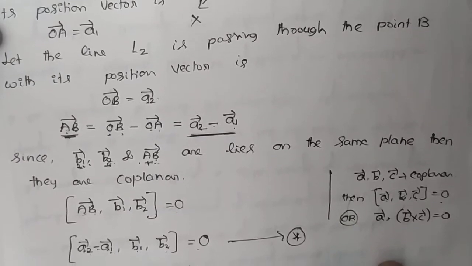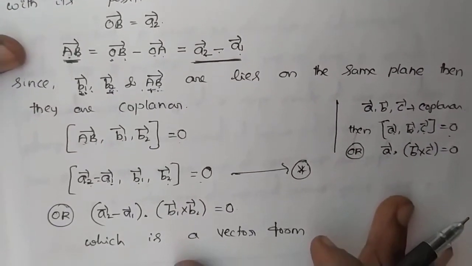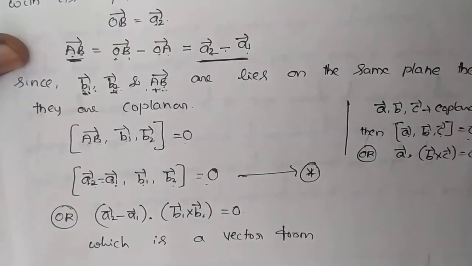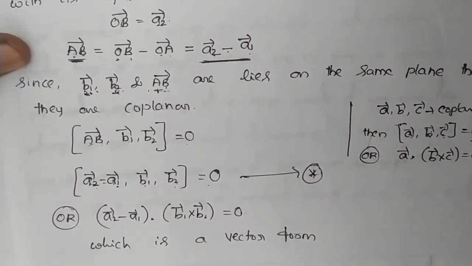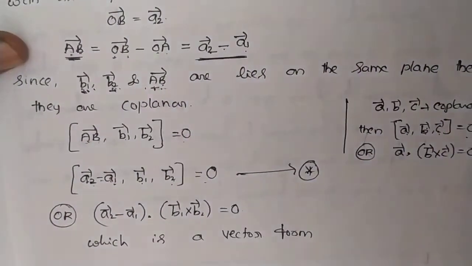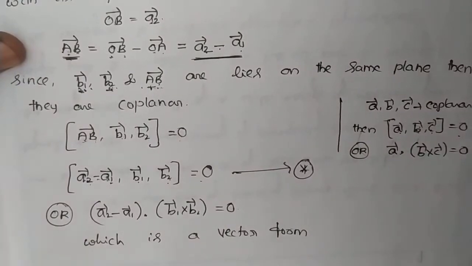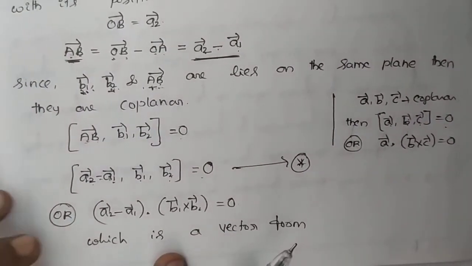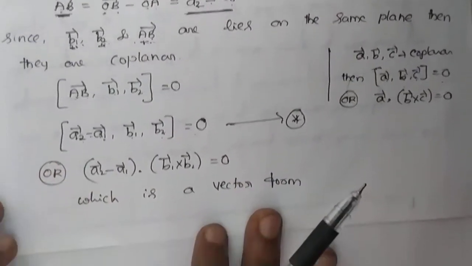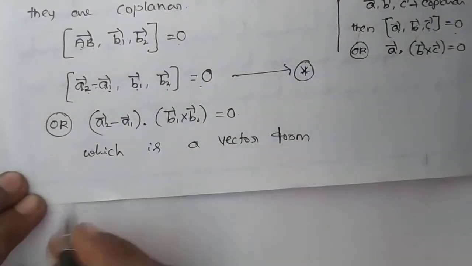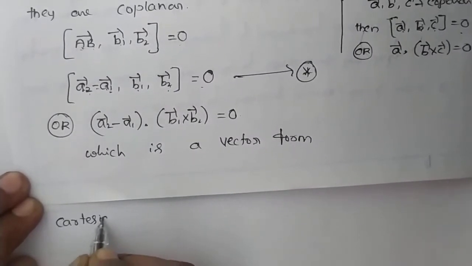Let us derive the Cartesian form. Now let us derive the Cartesian form of this derivation. We just observe the equation star. There we have a1, a2, b1, b2. Let us derive the equation of a plane in Cartesian form.